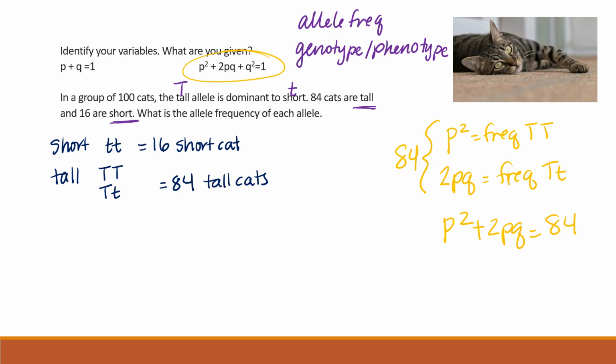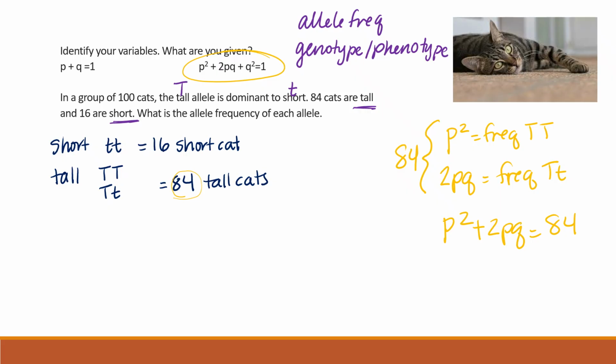We are not going to solve a problem for two variables in this class. It's not even, for the scope of our class and the math that you're required to have, it's not even possible to do that. So we cannot set 84 equal to either of these values because it's equal to the sum of p squared and 2pq.